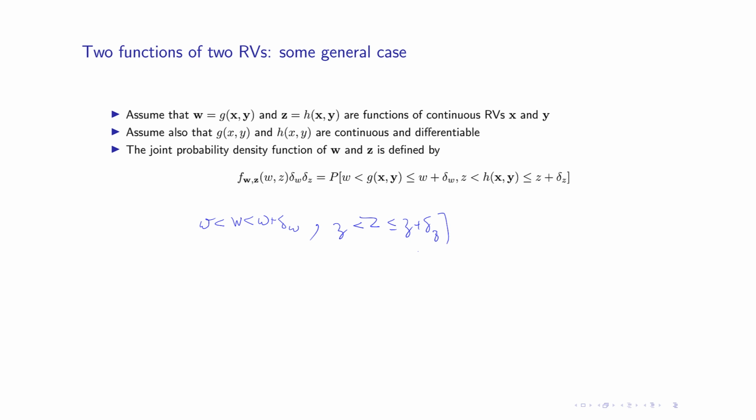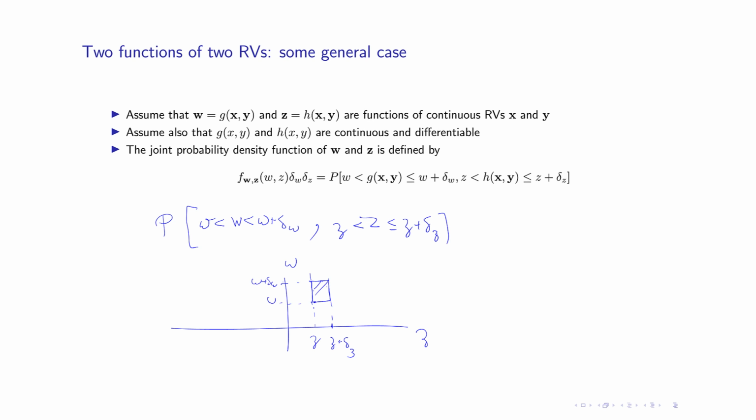Basically, if you consider this probability, you are given a point with coordinates Z and W. So you consider z plus delta z and w plus delta w, and the probability that the random pair falls in this area.